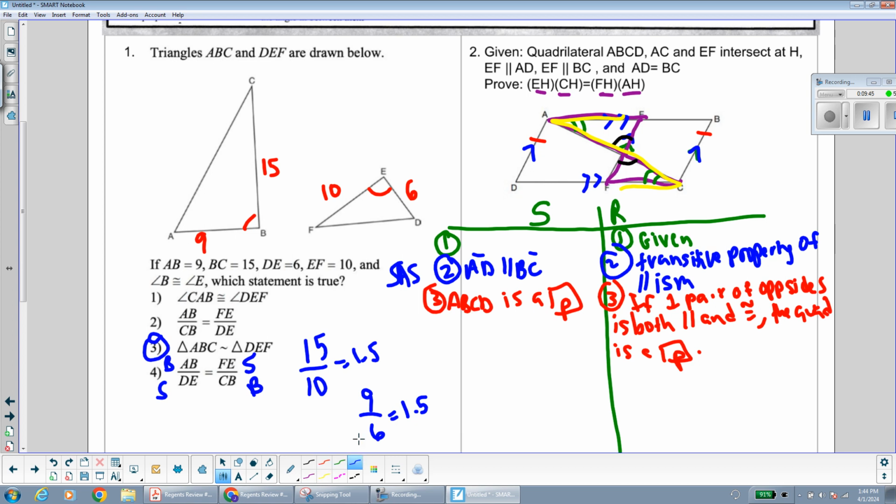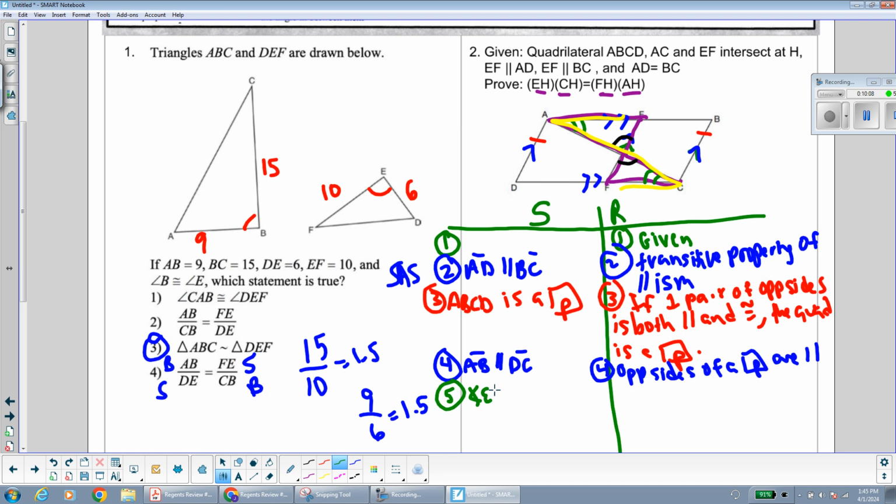I'm going to start with the other pair of parallel sides. So I'm going to start with AB is parallel to DC. And I'm going to put here opposite sides of a parallelogram are parallel. And then I'm going to put those congruent alternate interior angles.